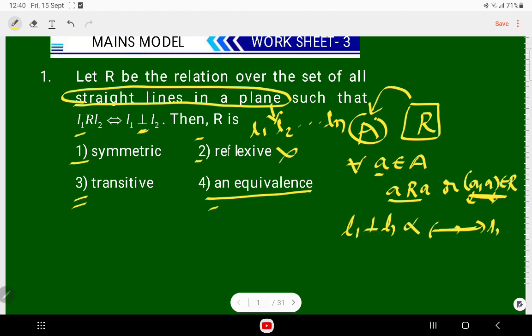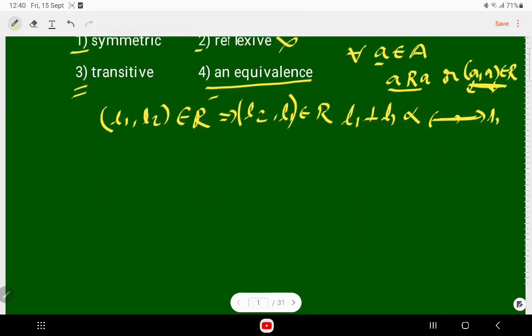Is it symmetric or not? For symmetric, we have to take one ordered pair in R, (L1, L2) in R. Now we have to prove whether the ordered pair (L2, L1) is in R or not. If (L1, L2) is in R, it means L1 and L2 are perpendicular to each other.